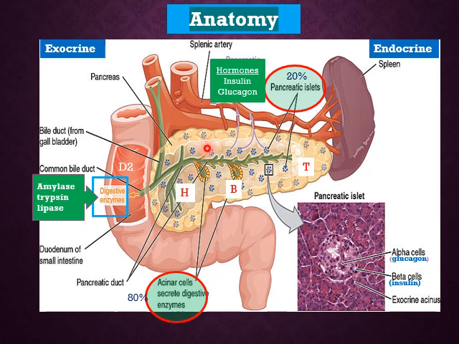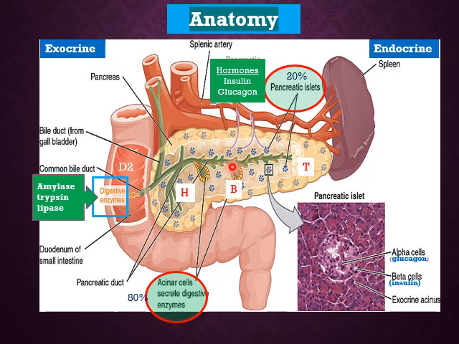There are two types of cells in the pancreas, the exocrine and the endocrine. The exocrine glands occupy 80% of the cells, and these are the acinar cells which secrete the digestive juice. These digestive juices contain amylase, trypsin, and lipase. Together, they are known as the digestive enzymes.